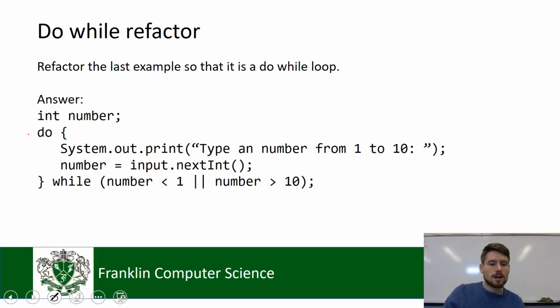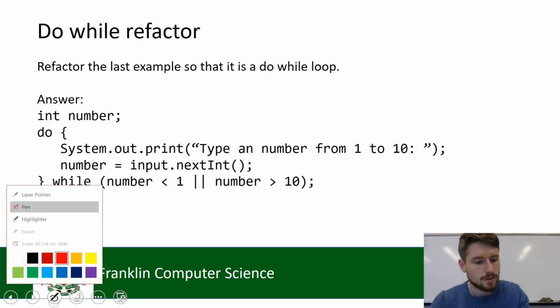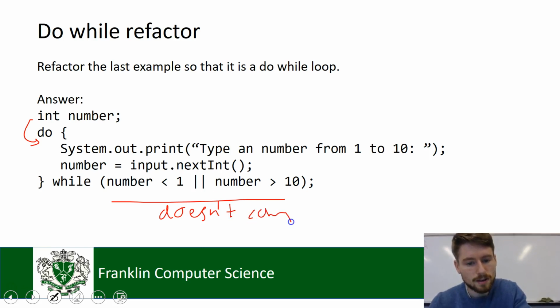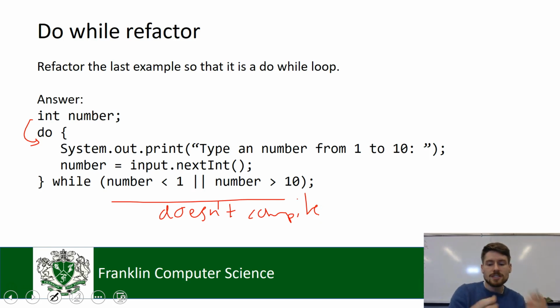So this would be the answer. We declare the variable up above the do, because if we don't declare it up there, then it doesn't exist. If this variable is inside, then this doesn't compile, because the scope of the number would be just inside those curly braces, so the while test would not be able to check against it.